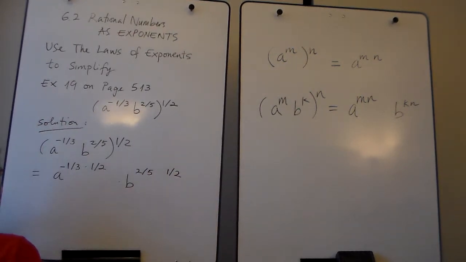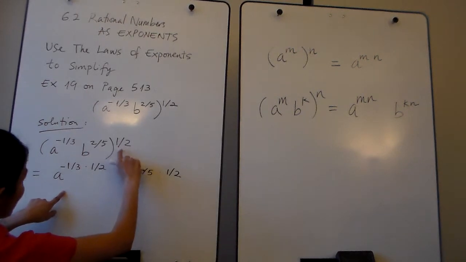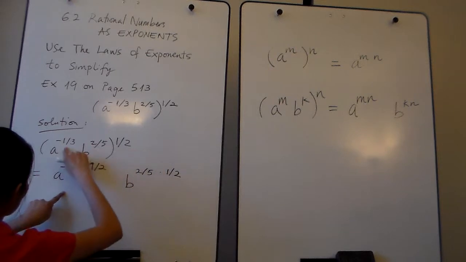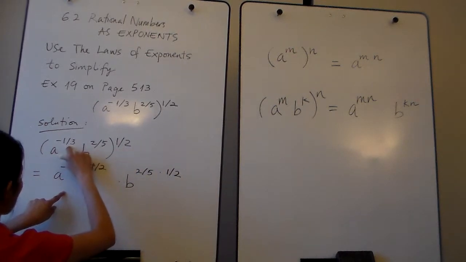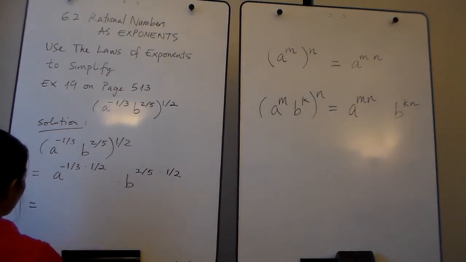So I just split these two bases and distribute this outer exponent 1/2 to the exponent of each base. And then simplify as much as possible.